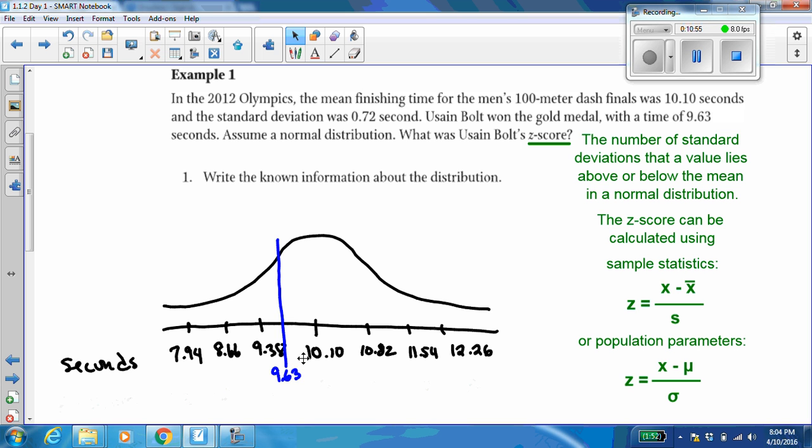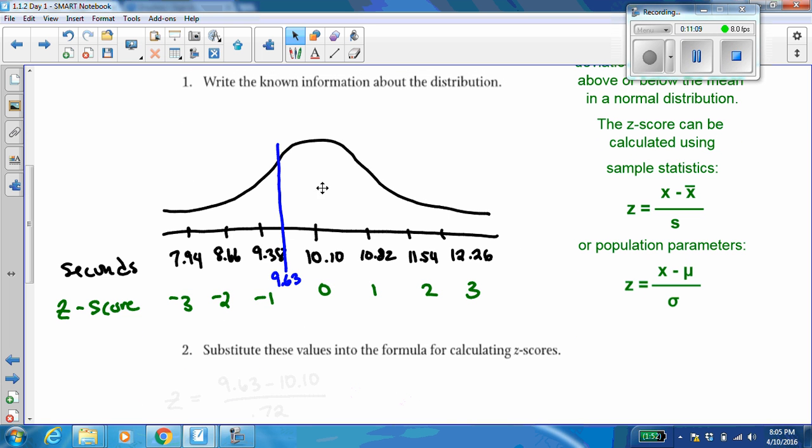And if we calculate Usain Bolt's score, it turns out that 9.63 isn't nice. It's not one whole standard deviation. So if we go ahead and fill in our z-scores like we've been doing, our mean again 0, to the right 1, 2, 3 standard deviations, to the left 1, 2, 3 standard deviations, we see that Usain Bolt falls somewhere in here, 9.63.